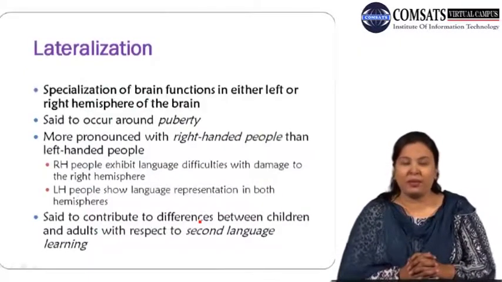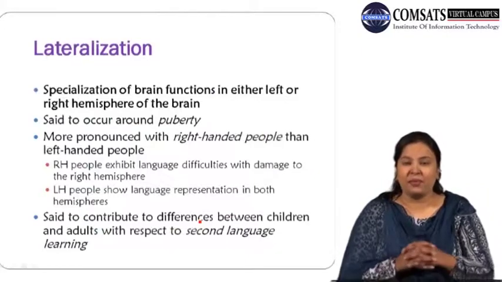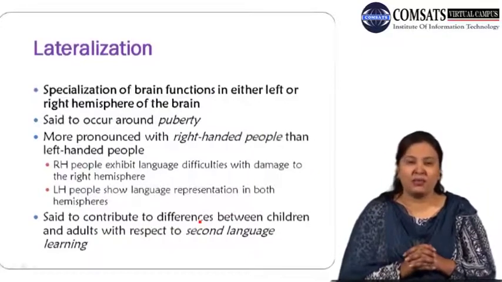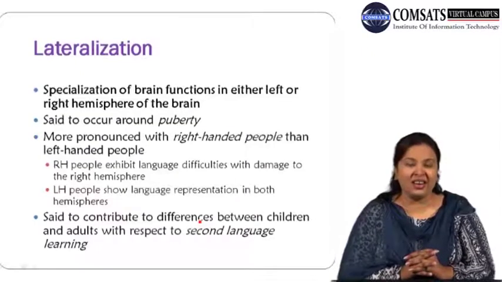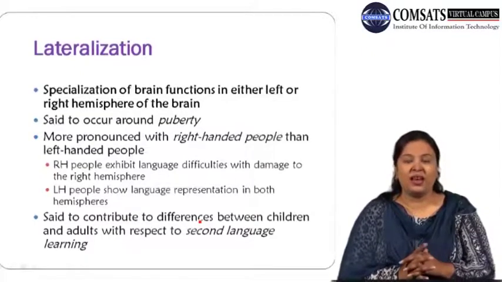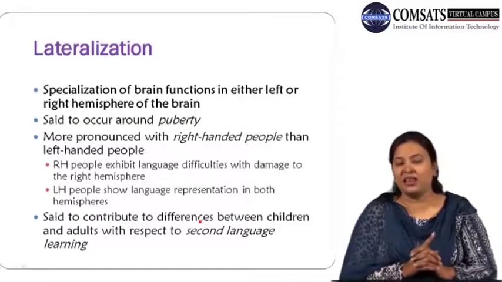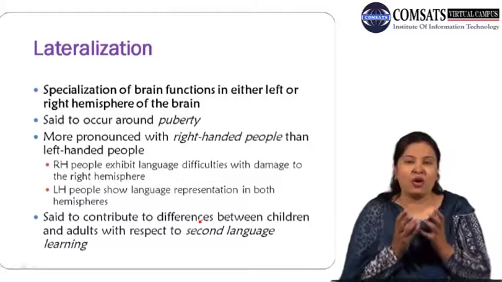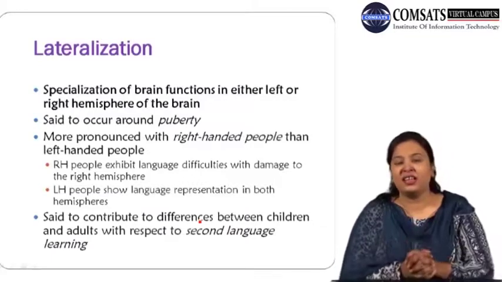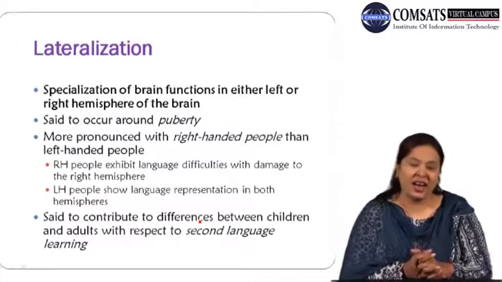So what is meant by lateralization? As I mentioned, the left and right hemispheres usually have contralateral functions, left controlling the right side, right controlling the left side. But at the same time, for some higher cognitive functions, their responsibilities are lateral.